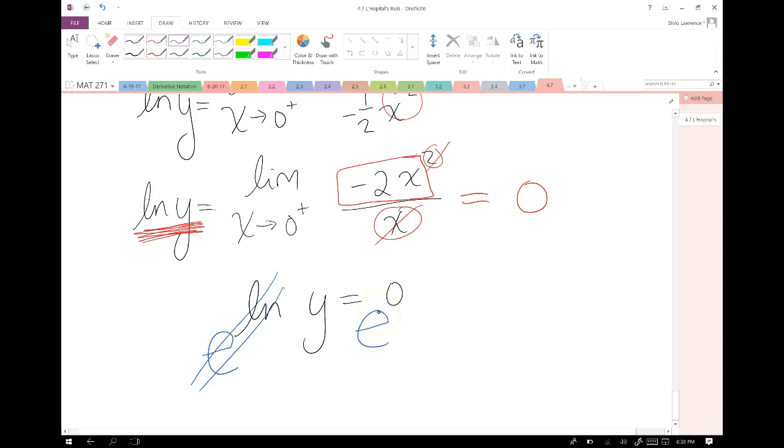And now we need to figure out what e to the 0 is. Well, e to the 0 is 1. So the limit is 1. So these exponential limits where we get an indeterminate form are quite a bit trickier. And I want to do one more.